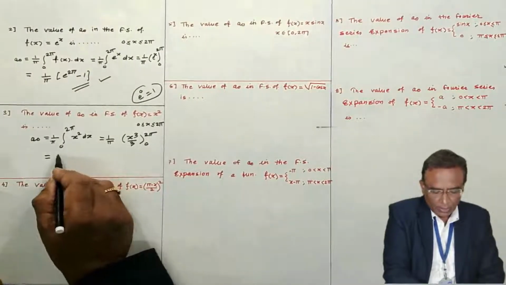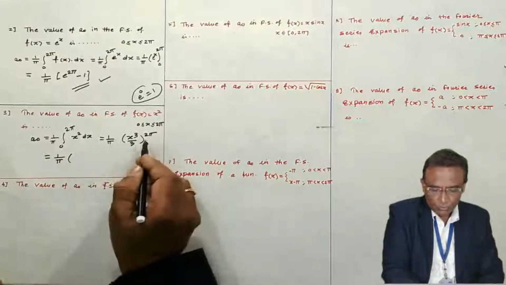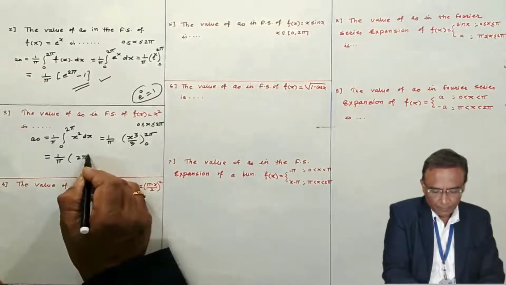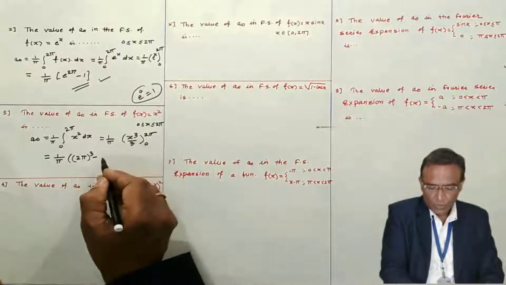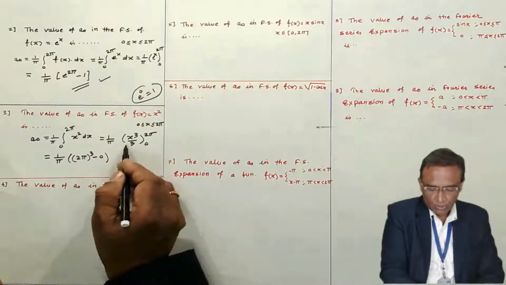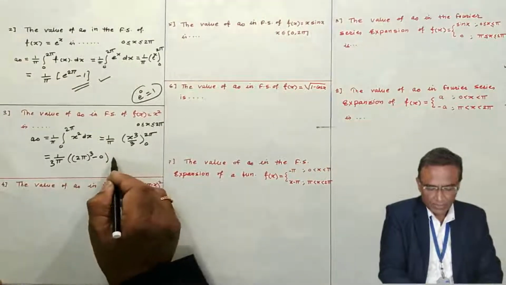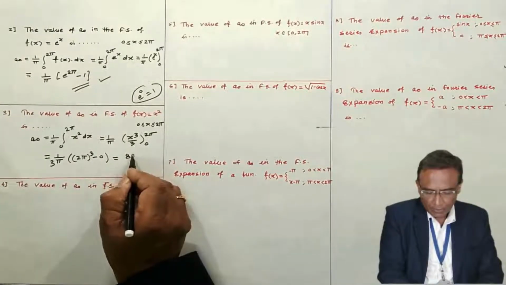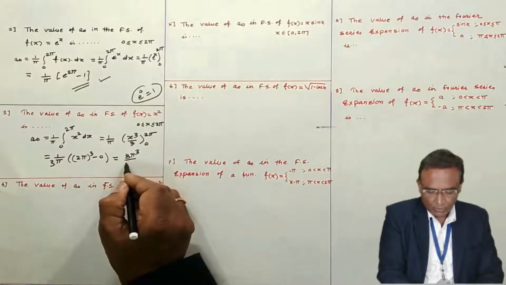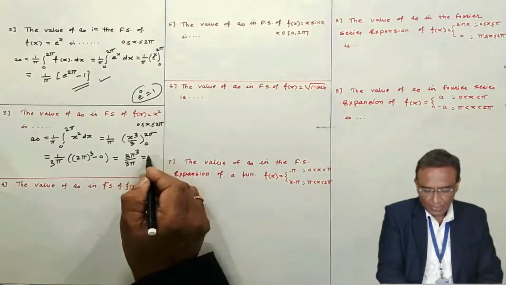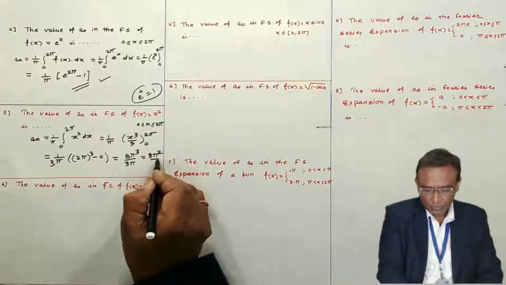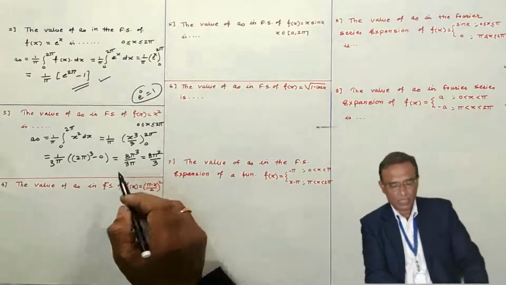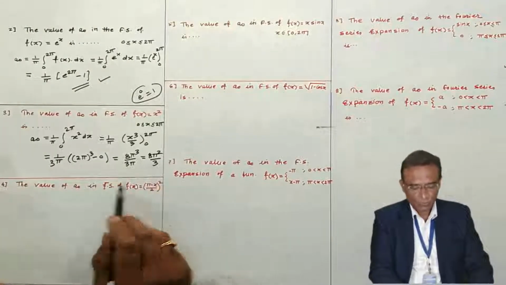Put x equal to 2 pi, minus put x equal to 0. This 1 by 3 is as it is, I am writing here. Now this is 8 pi cube by 3 pi, and 8 pi square by 3. Okay, 1 pi gets cancelled. So this is the value of a0.